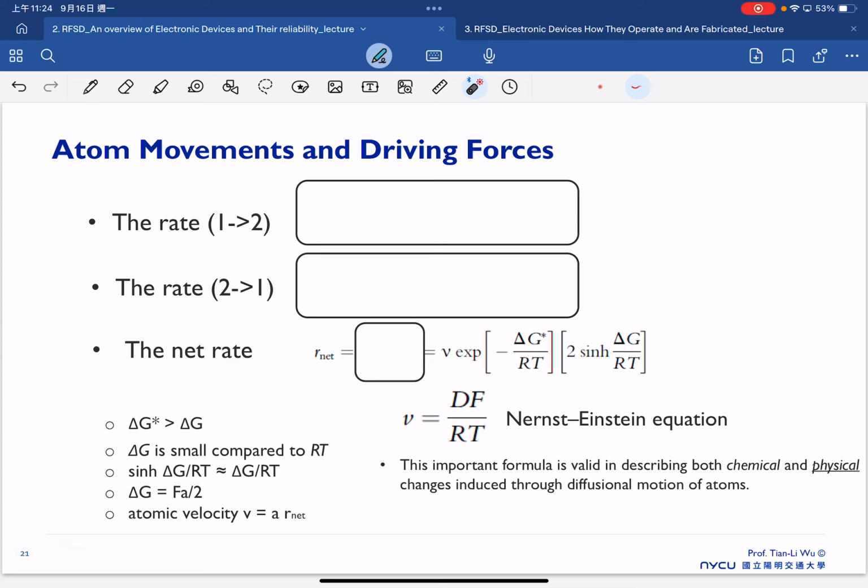So the rate R12, this is the rate from 1 to 2, can be expressed as V exponential of minus delta G star minus delta G over RT.